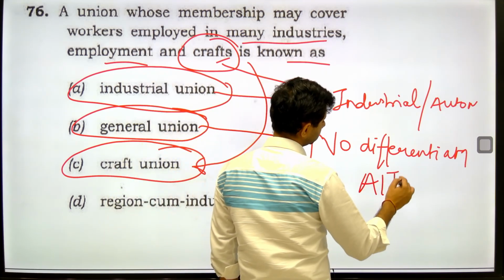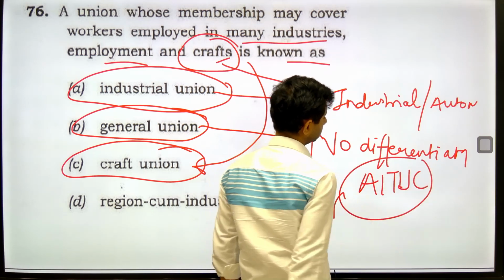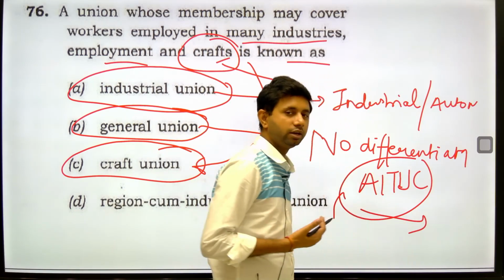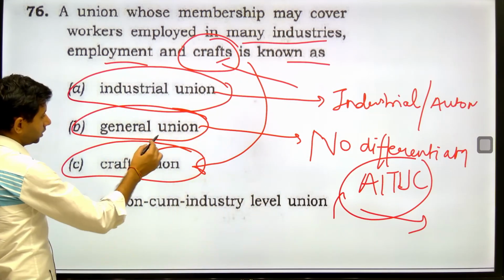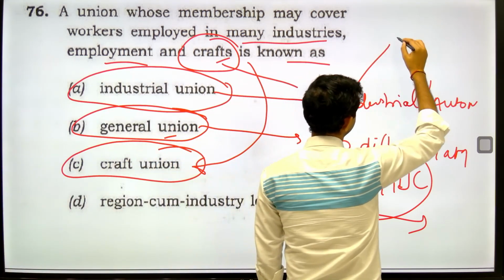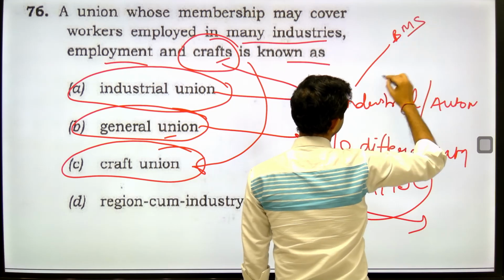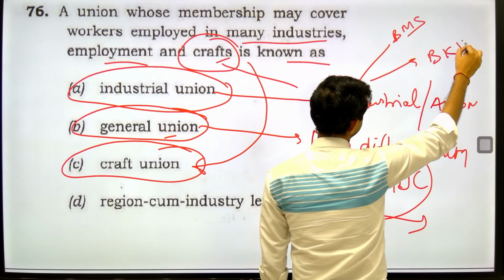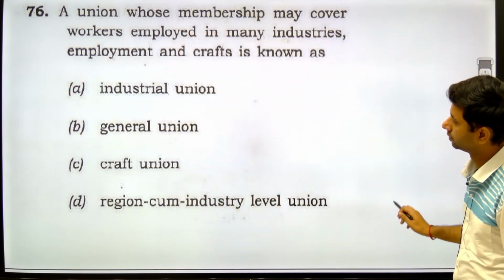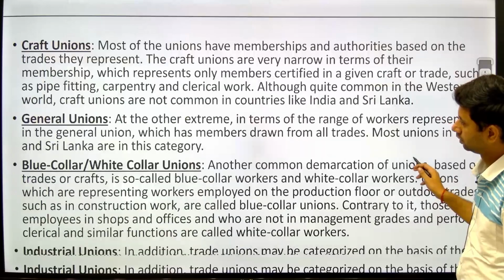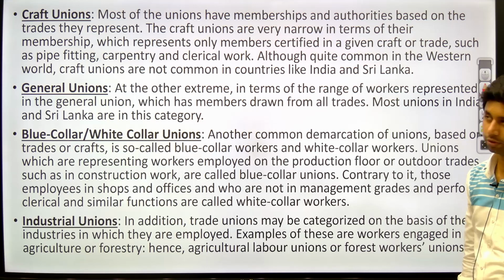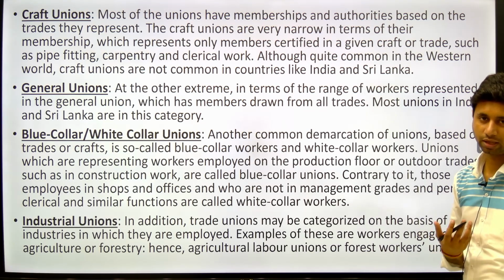Just like AITUC, All India Trade Union Congress, that transcends every industry and every type of worker, on a pan-India level, and favors workers in general. Industrial unions are industry specific, such as Bharatiya Mazdoor Sangh, Bharatiya Kisan Union, catering to different industries. So these are the definitions. If you want to look at it, you can pause the video. It's just the same as I have explained to you.